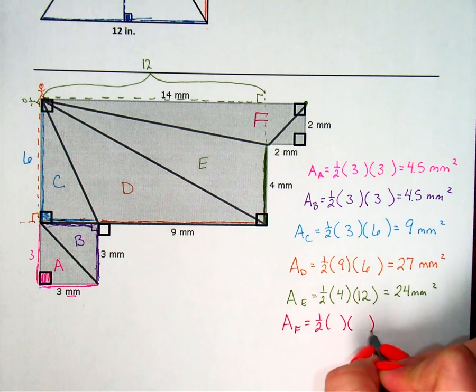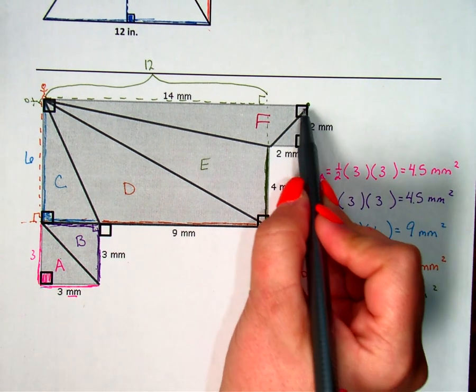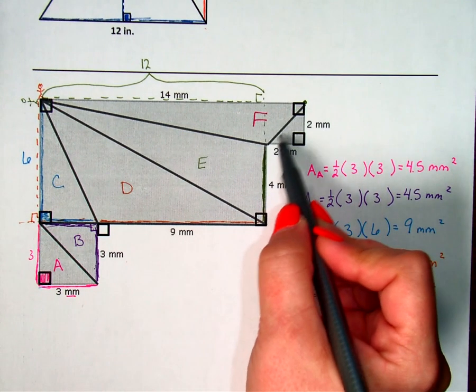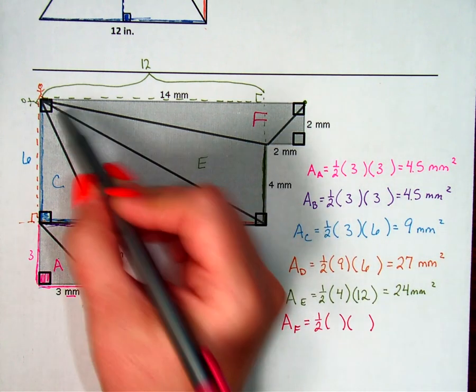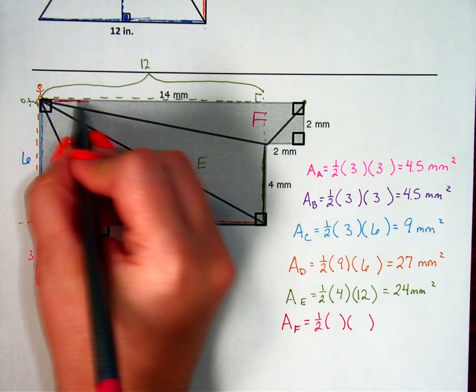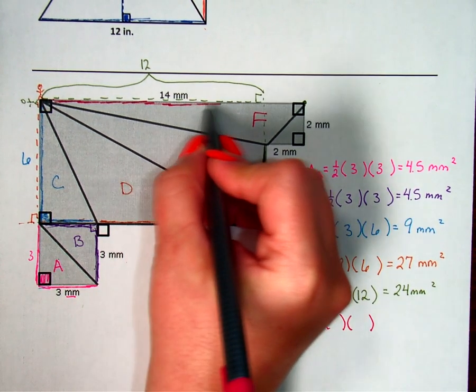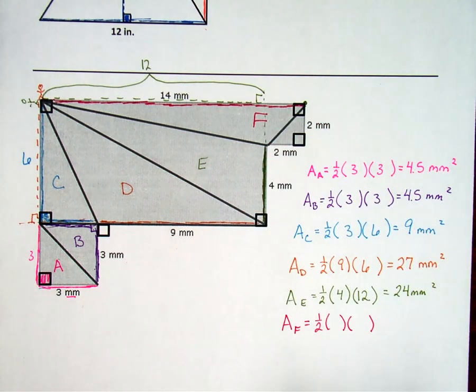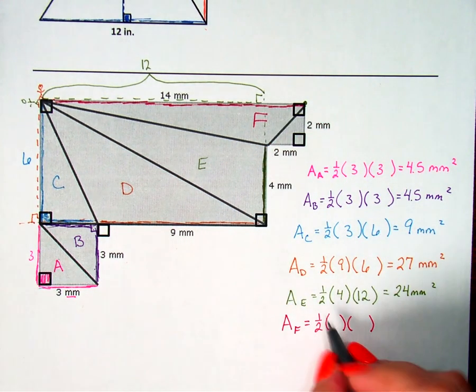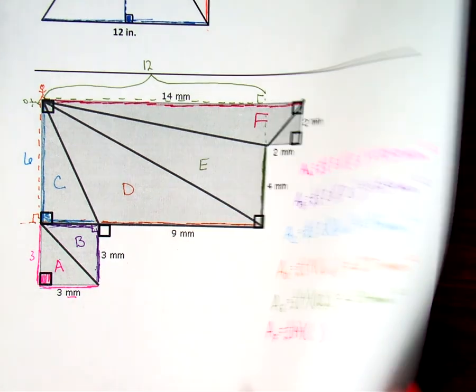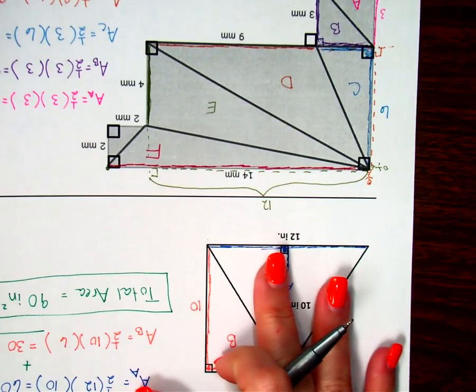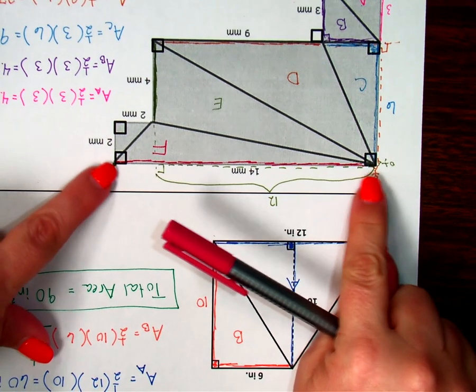1/2 its base times its height. Okay, so now the base of this triangle, I don't know this side or this side, but I do know this whole side of that triangle is 14. Okay, so I'm going to go with my base is 14, then I'm going to turn it upside down so that I can look at that as a base.